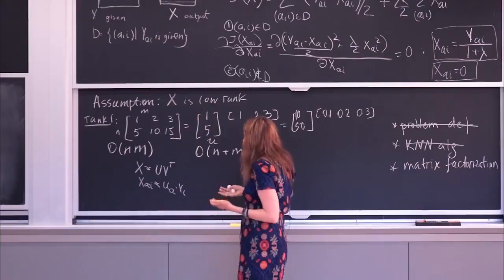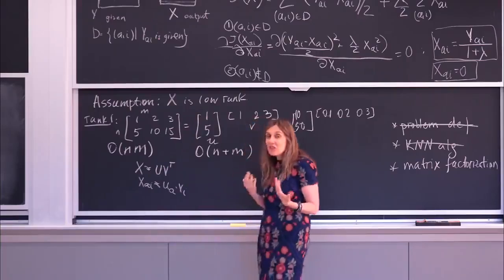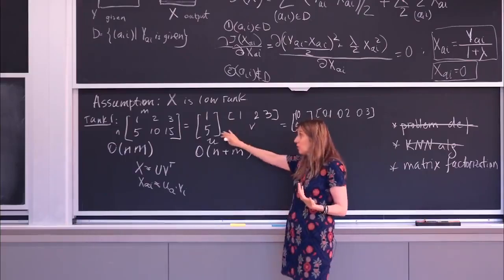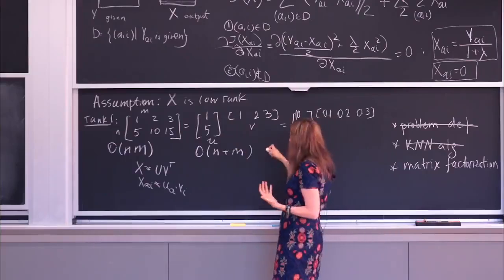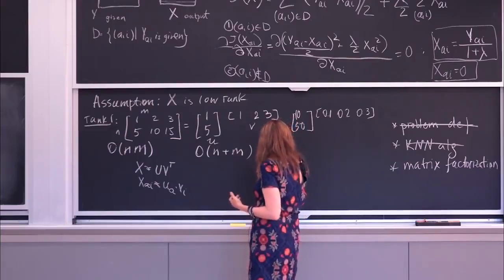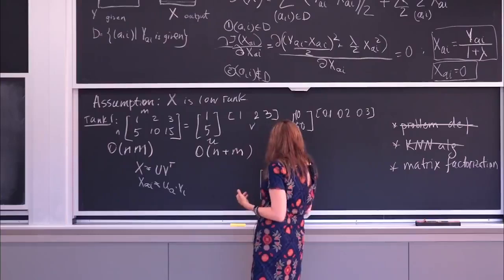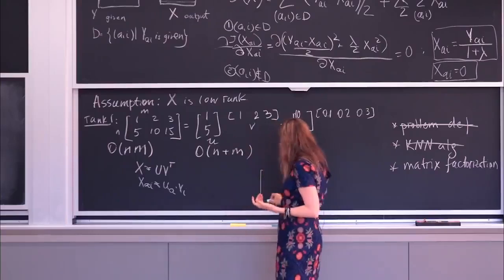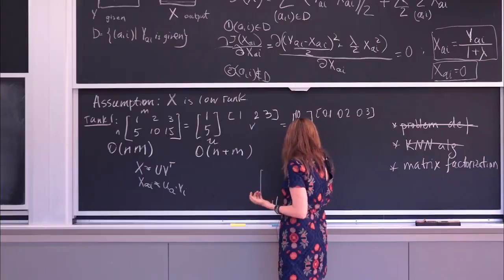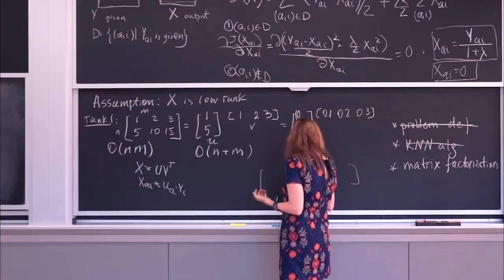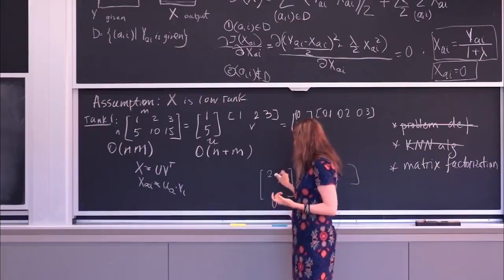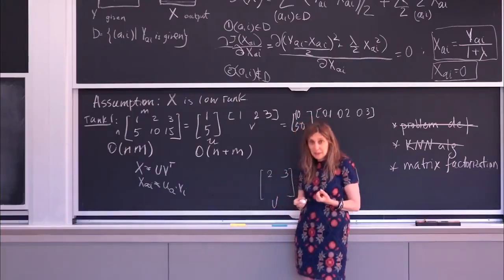So if you want a richer representation of the user, you don't have to focus only on rank 1. You can, for instance, take rank 2. If you're looking at rank 2, now this will not be a vector, it would be a matrix U, and here we will have a matrix V. And here, let's say, a user may be represented by two different numbers.